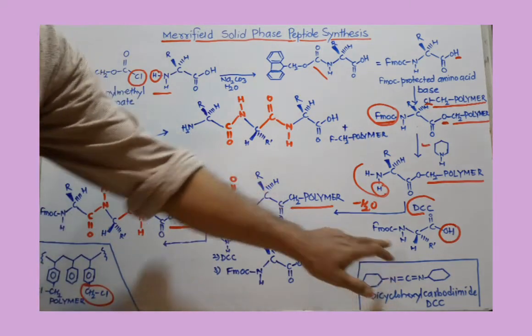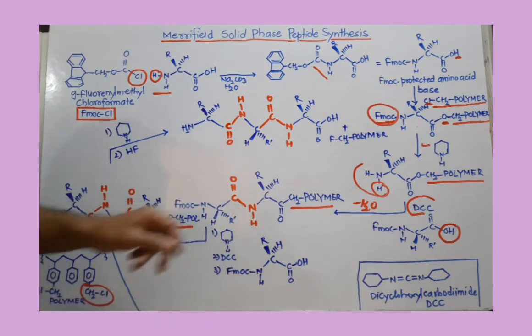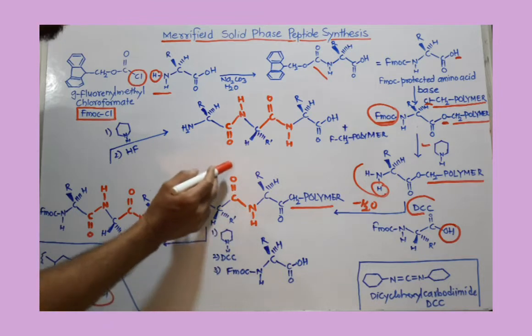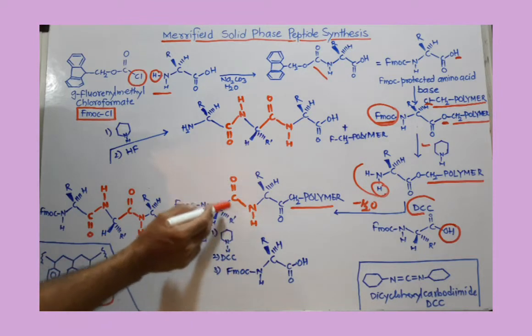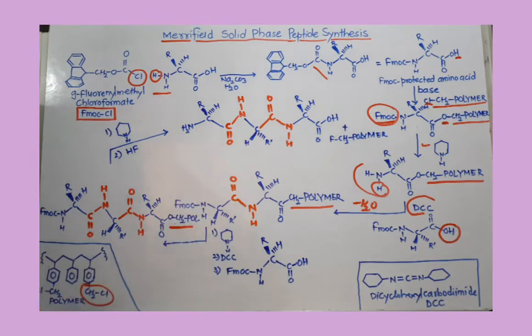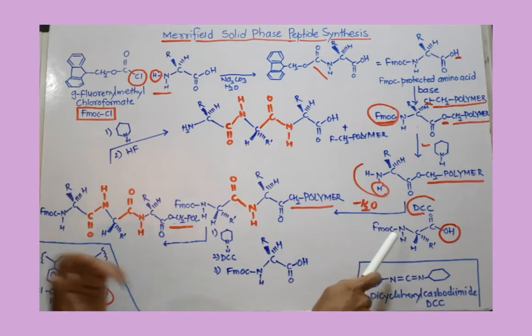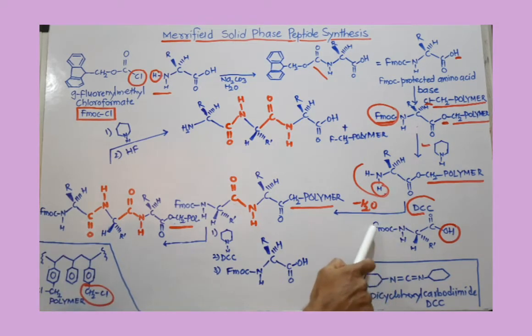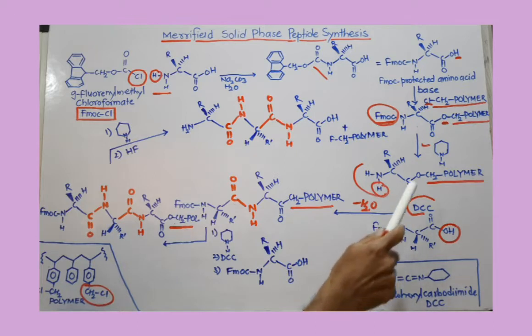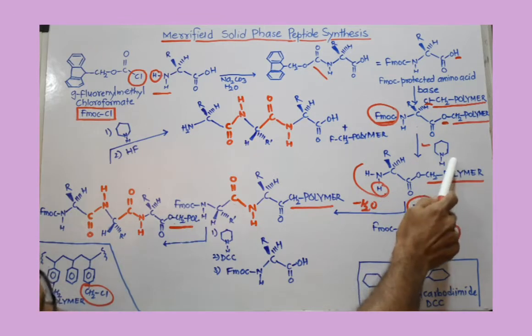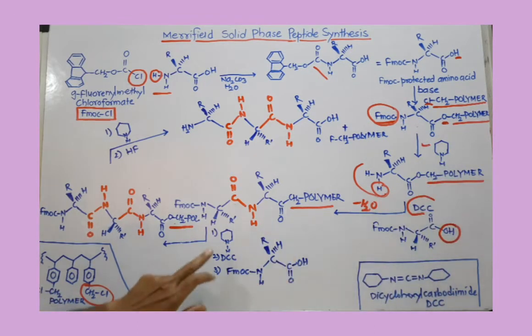Now this amino acid is joined to this amino acid by using this peptide linkage, which I have shown by using a red color. Now, you know, this amino acid will go at the terminal where the amino group is not free. So if you want to add another amino acid, you have to free this group. You have to deprotect this group by repeating this step, by using this piperidine, this base.